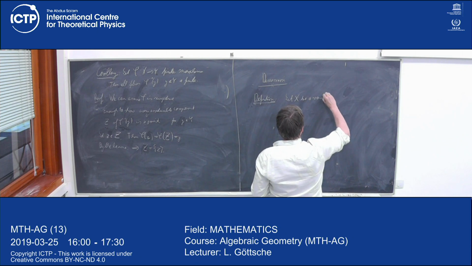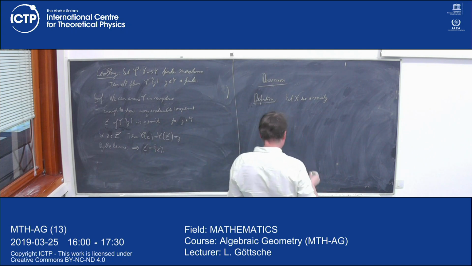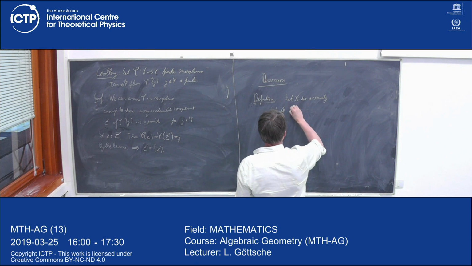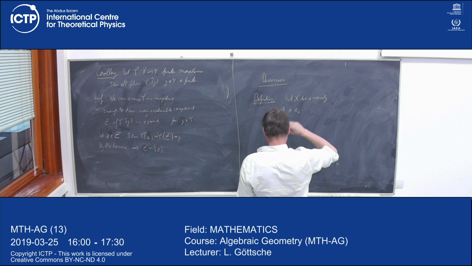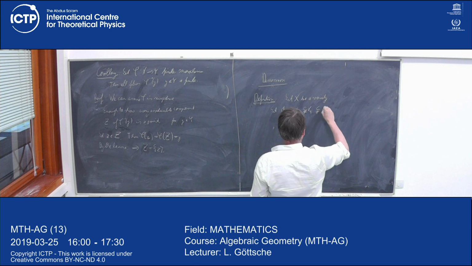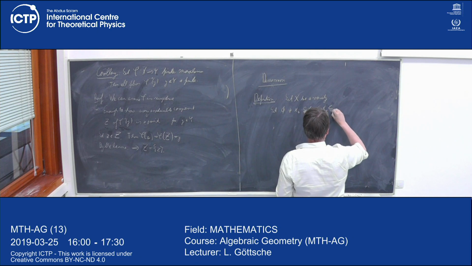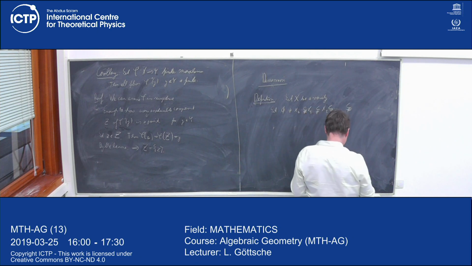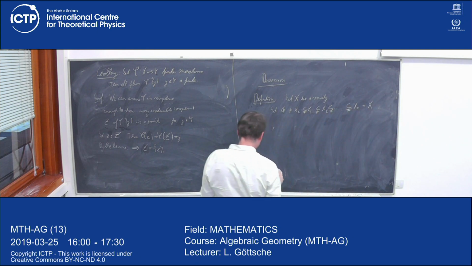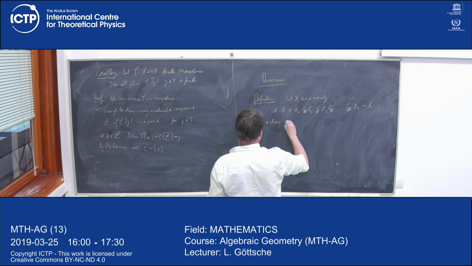This could be affine or projective, or quasi-affine or quasi-projective, and we look at a chain of closed subvarieties. The first one is not empty, x0 contained in x1, and so on, contained in x2, up to xn equals x. This is a chain of irreducible closed subsets.